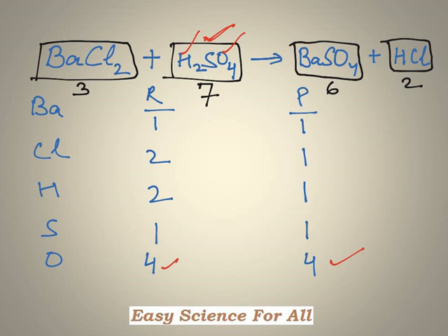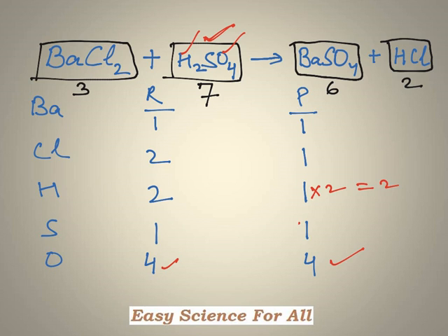If we multiply number of atoms of hydrogen on the product side, this one, by 2, then the number of atoms of hydrogen will become equal on both the sides of the equation. So let us multiply it by 2, and we will get 2 over here.